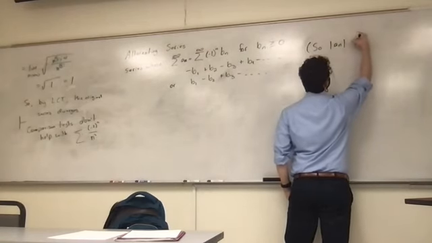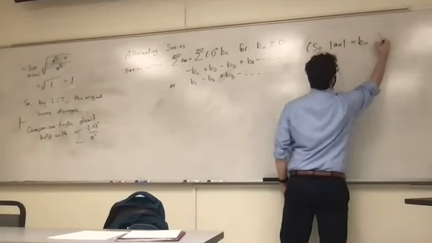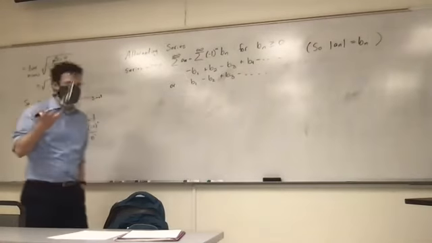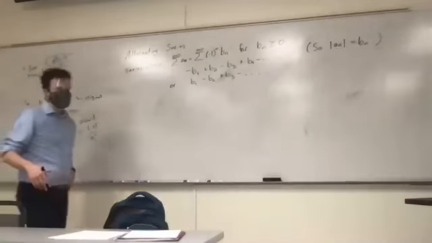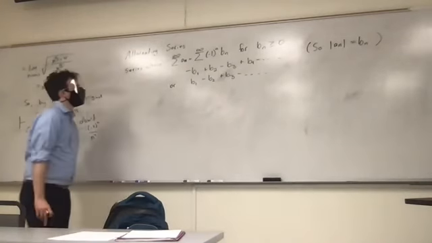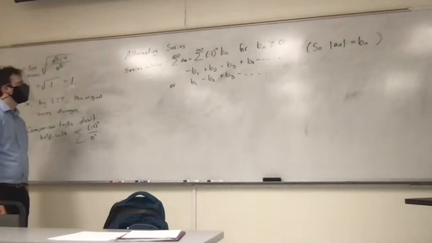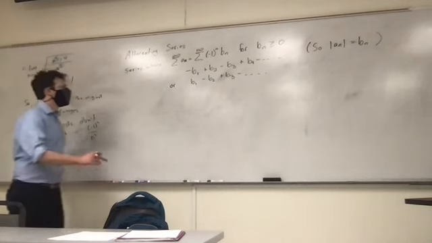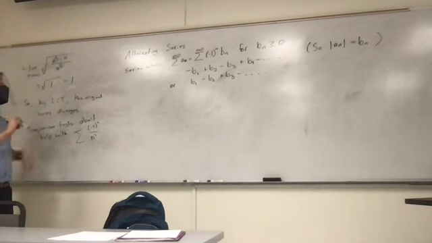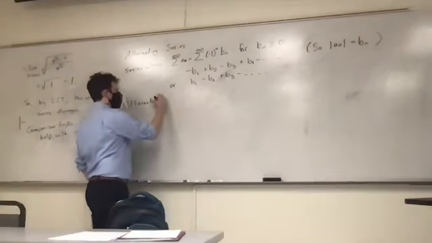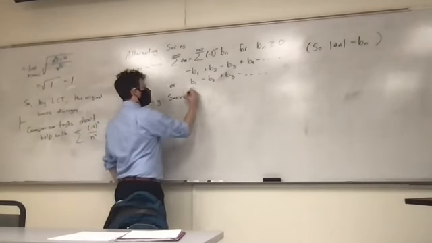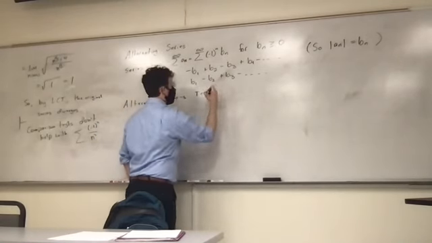And so an observation, which is not deep, but worth pointing out: the absolute value of the a_n's is the b_n's. You either get rid of the negative sign or it's already positive and nothing happens. So for alternating series, there is a convergence test specifically designed for them, and it's really well named. This is called the alternating series test.